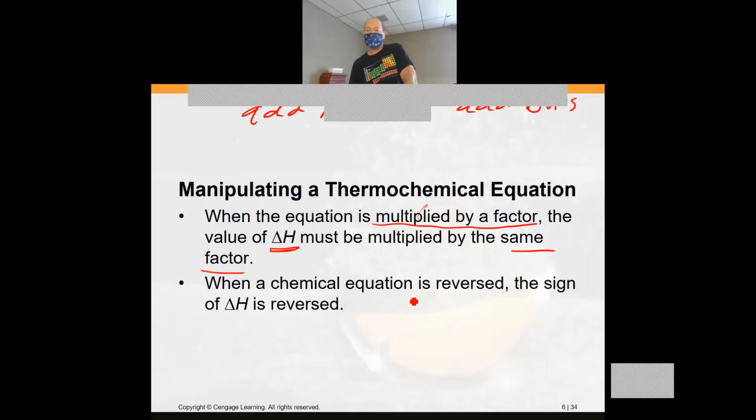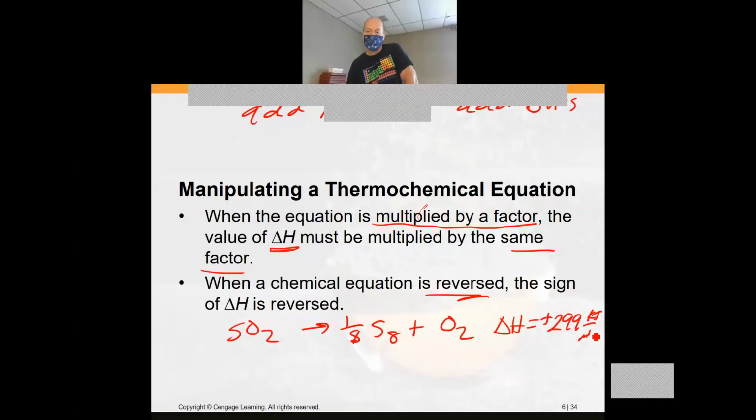When you reverse a reaction, the sign of delta H is reversed. So if I had SO2 goes to 1/8 of an S8 plus an O2, now my delta H for this is positive 299 kilojoules per mole.